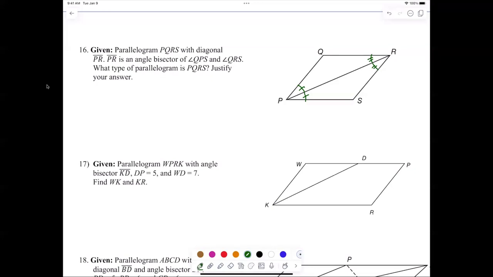So why does it have to be 1 tick mark on each instead of 2 tick marks? Can anybody tell me?